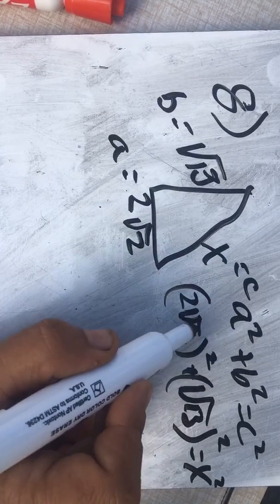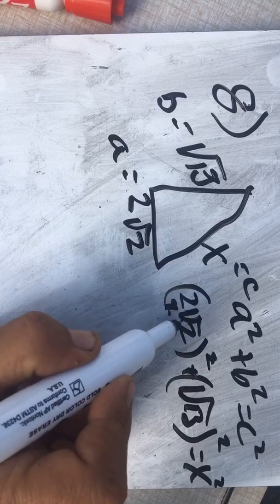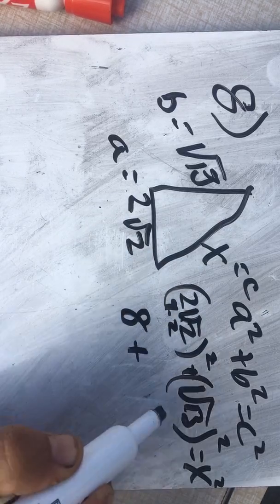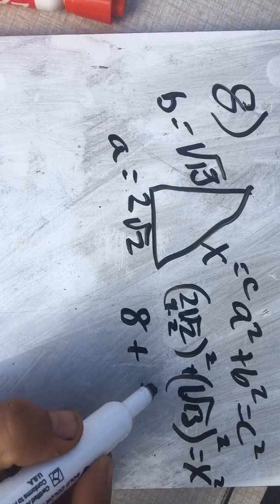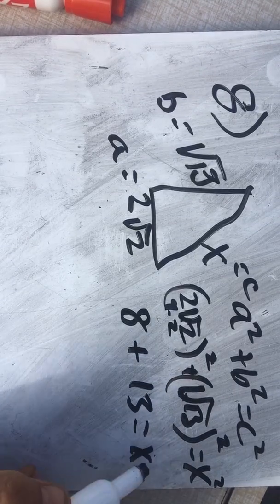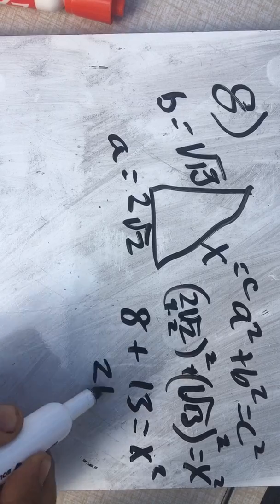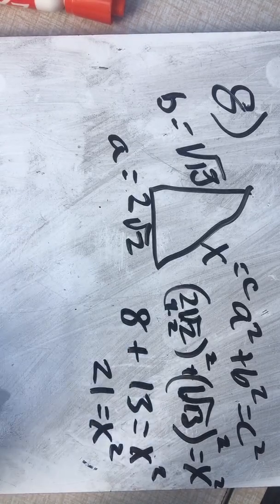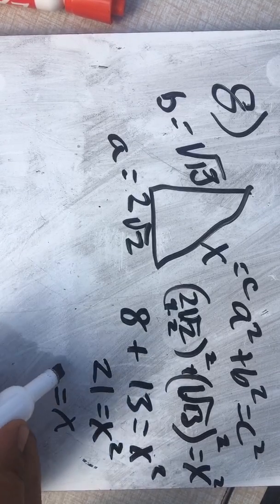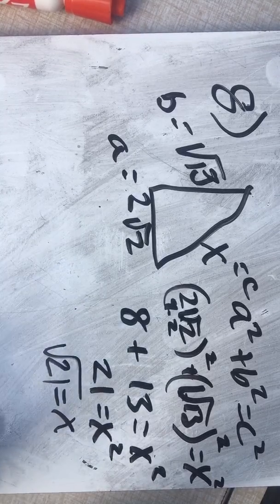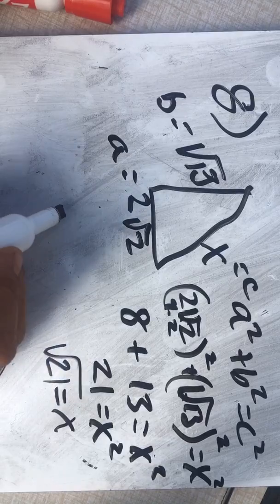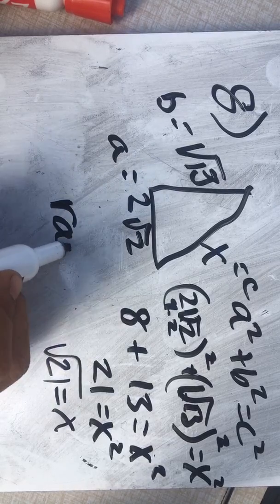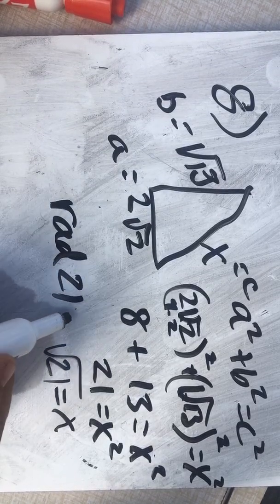The radical and the square cancel out, so this is 4 times 2, which is 8. Now the radical of the 13 and the 2 cancel each other out, so the 13 is the same. X squared, you're left with 21. And again, the answer then becomes radical of 21. This is not how you would type it into the computer. In the computer, when you type it into Illuminate, you type in rad 21.